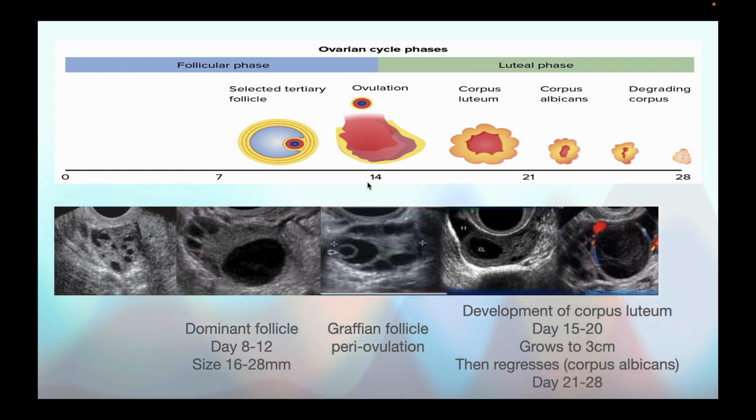And after ovulation, this will rupture with the egg release. And here is the corpus luteal cyst during the luteal phase. And as it starts to regress, you'll start to see the corpus albicans, which becomes a little bit more hyperechoic, and it starts to essentially fade away. Sometimes you'll get rupture of some blood into the corpus luteal cyst, and that becomes a hemorrhagic ovarian cyst.